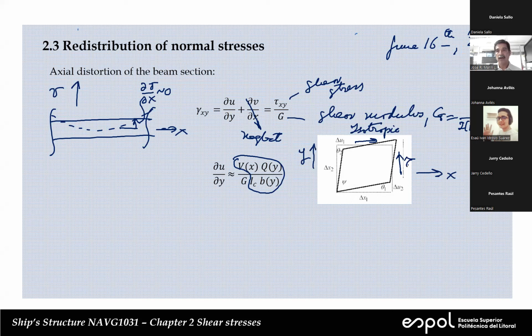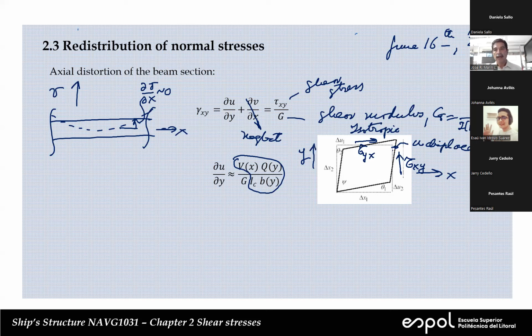So this is tau xy, and this is tau yx. If they are positive, this end moves axially. So this is the u displacement. Because of the presence of tau, this corner moves in the x direction, and that's the origin of these calculations.